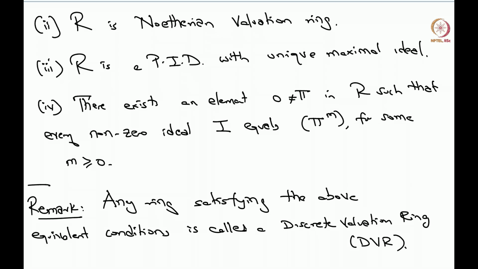Now if you look at the second property, one of the ways in which we can characterize DVRs is that it's a valuation ring with the property that it's Noetherian. And so if you take any valuation ring that's not a DVR, it will turn out to be non-Noetherian.